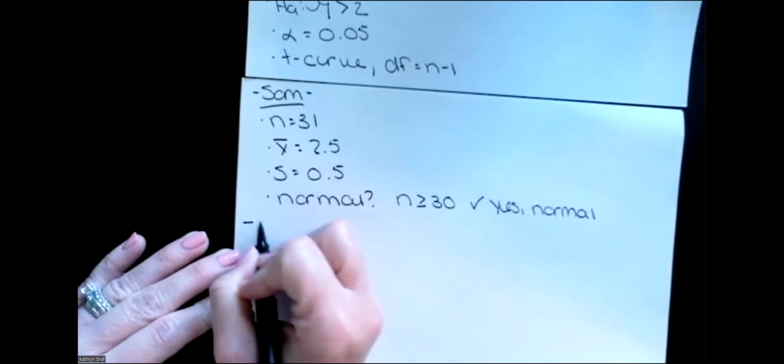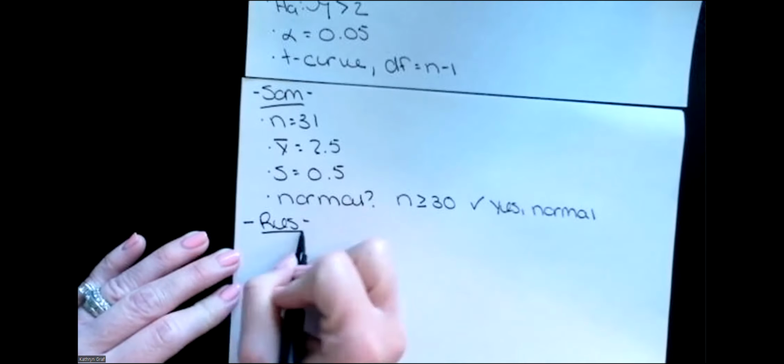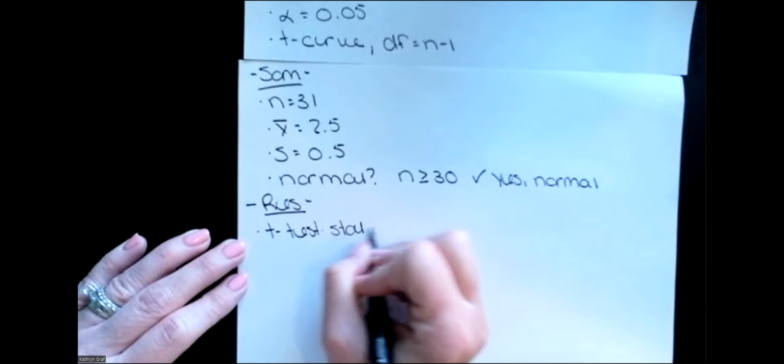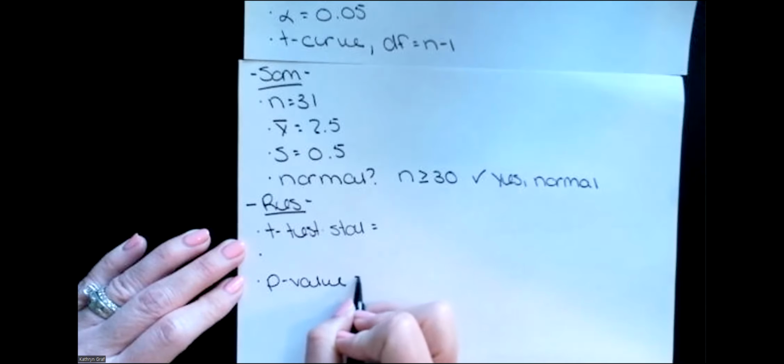All right, so now I'm going to move on to that results step. So under results, remember I'm going to get my t-test statistic, interpret the value, get the p-value, and interpret that value here, okay? So for here, I'm going to go over to Minitab again. I'm going to open up that Minitab screen one more time.